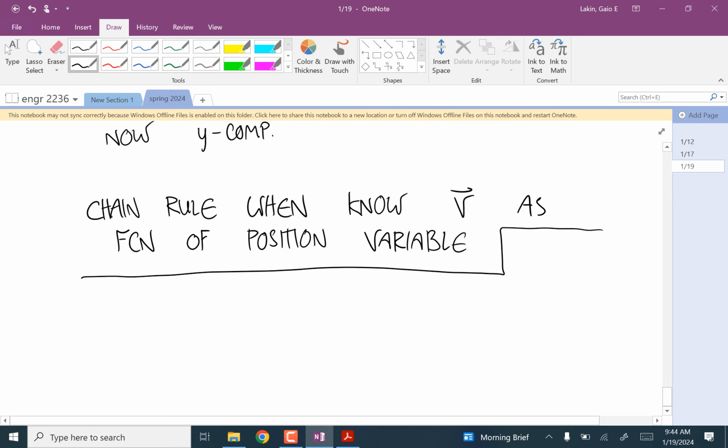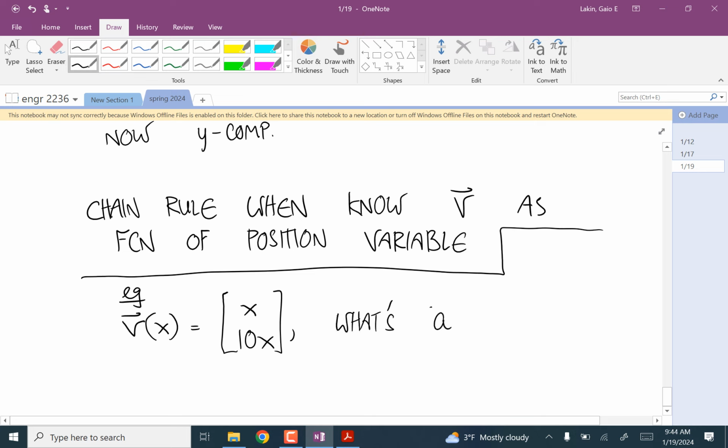So for example, what if you know that the velocity is a function of x? Let's say we know that it's equal to x^2 + 10x, and we want to calculate the acceleration as a function of x. Okay.